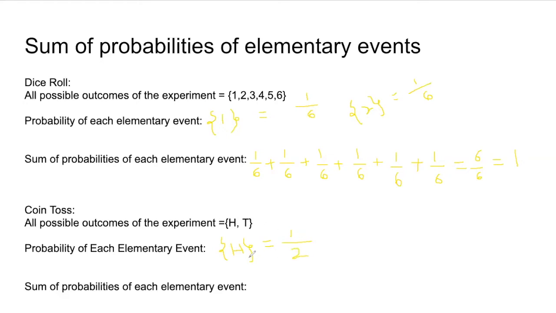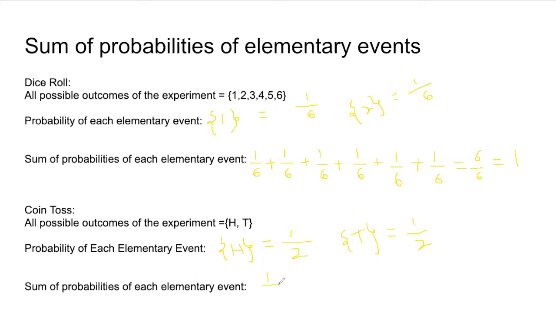Okay, 1 by 2. What is the probability of the next elementary event, that is tails? That is again 1 by 2, because the number of favorable cases is again 1 divided by the total number of cases, which is 2.